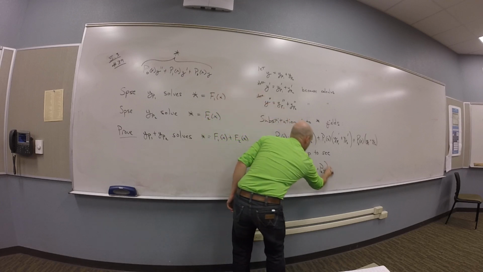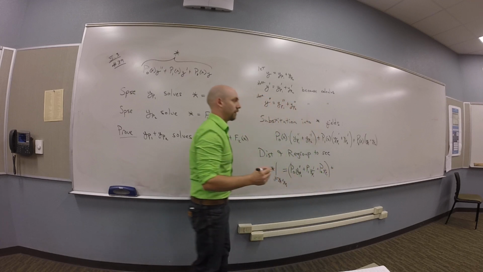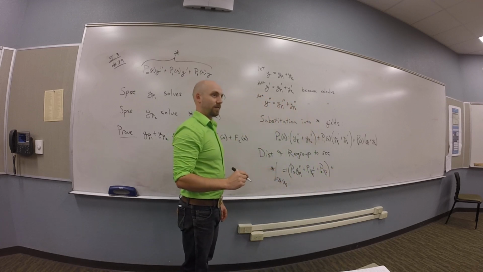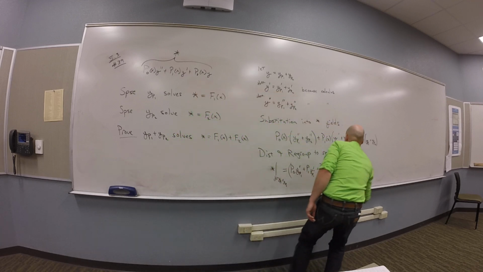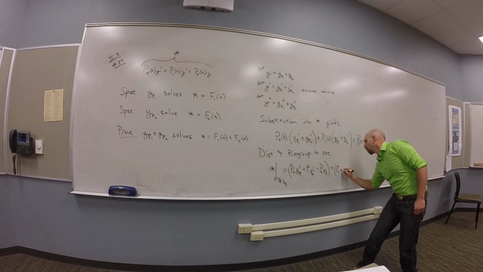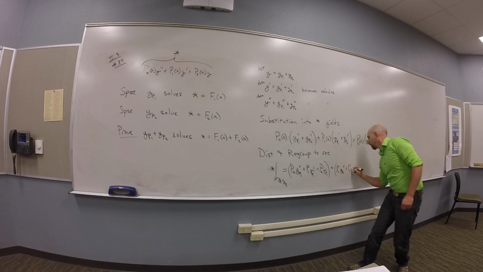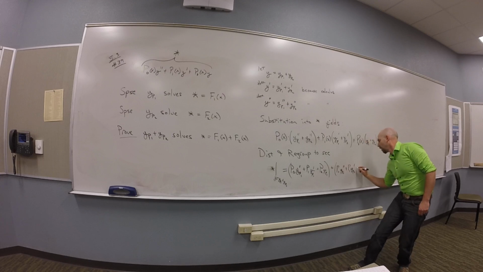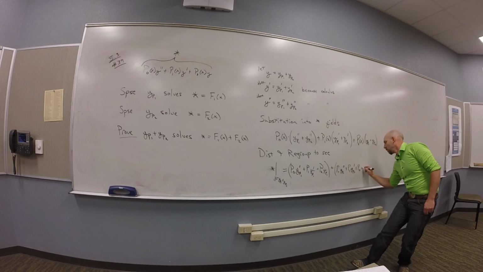All right, so I got all that stuff, plus, and then what's in the second one? Same thing with the yp2s. So I got P0 yp2 double prime plus P1 yp2 prime plus P2 yp2.